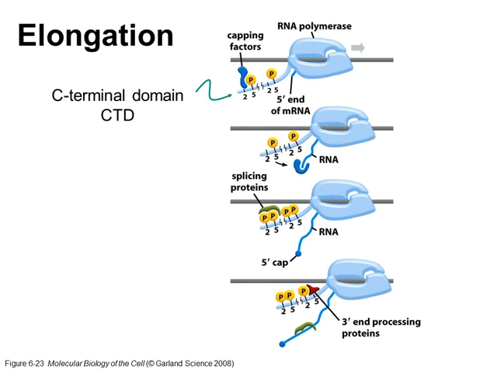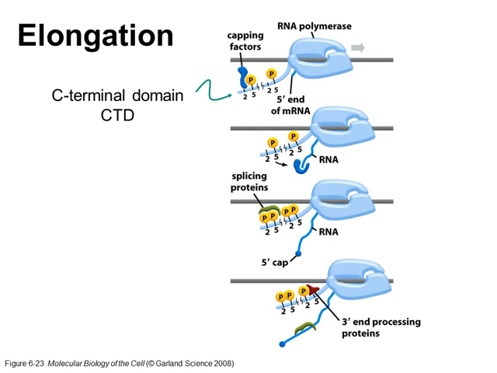And then eventually, once the enzyme comes to the end of the sequence that's going to be transcribed, it has to stop, and so there are 3' end processing proteins. And we're going to show that the 3' end gets polyadenylated, binds up with proteins, and gets prepared to then be shipped out of the nucleus.